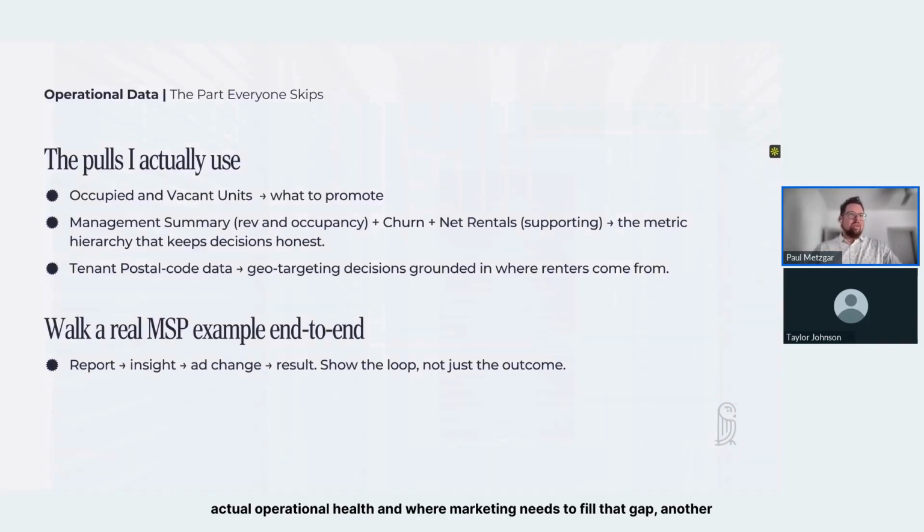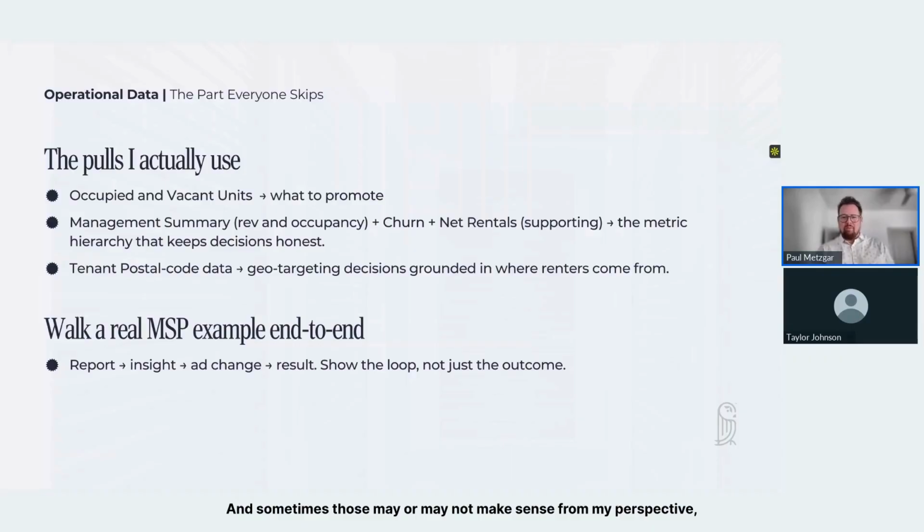Another key item is going to be those tenant postal code data. So looking at the distribution of all of your customers and where they're located allows us to kind of follow similar patterns. And at times there's places where we can kind of go outside of that and strategically look to broaden your customer base. But for many storage facilities that are out of lease up phase, they have some well-established patterns.